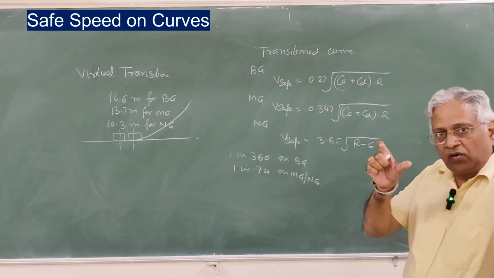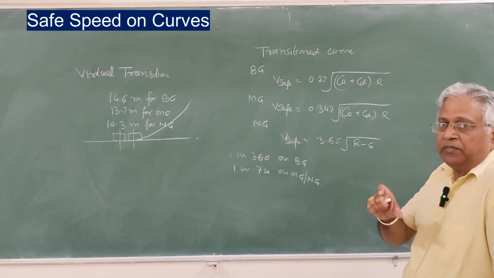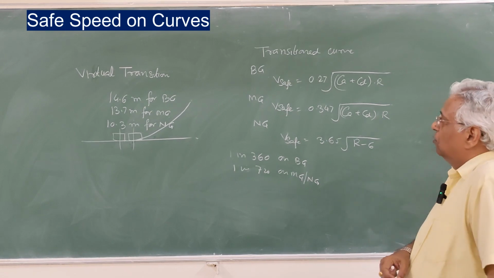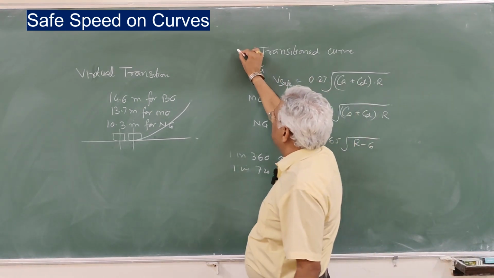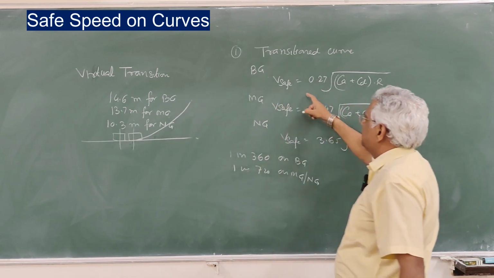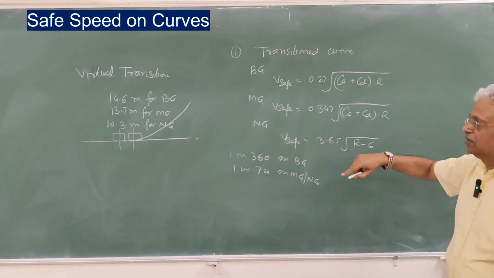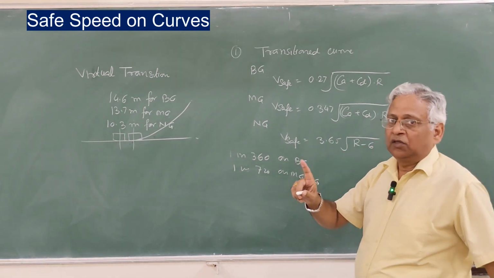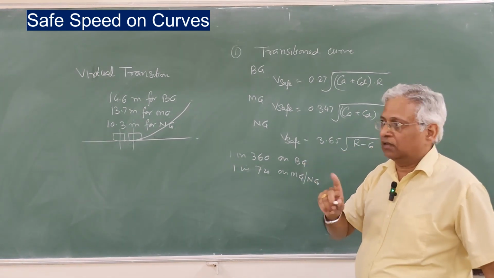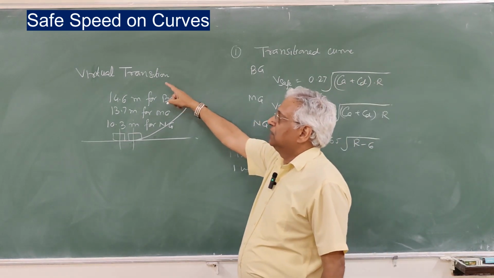In fact there are 4 cases which can be encountered in the field. One, when you have a fully transitioned curve, then safe speed is given by these equations, from theoretical consideration. Two, when you do not have any transition, a non-transitioned horizontal curve, then the virtual transition applies.